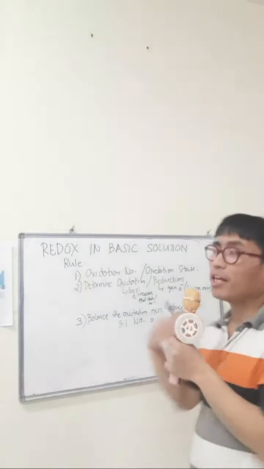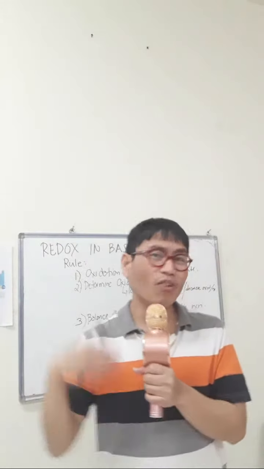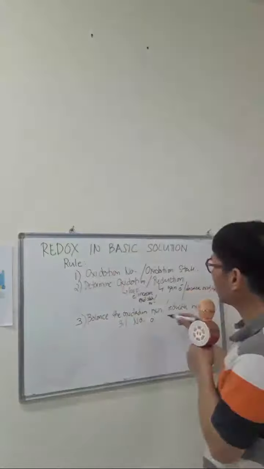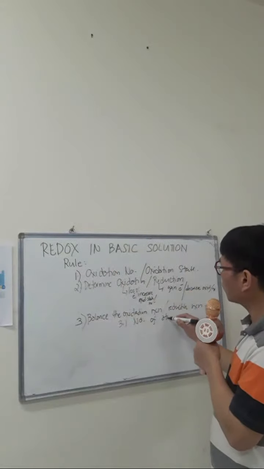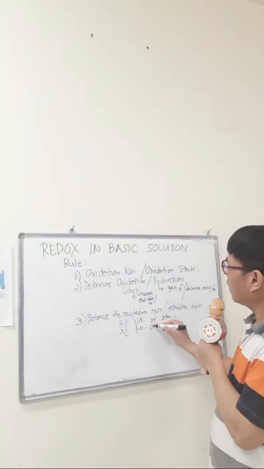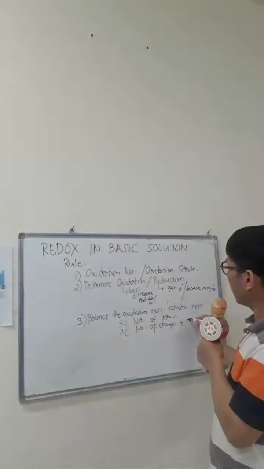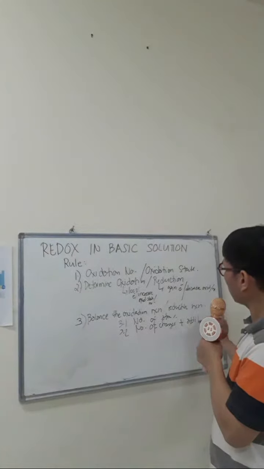This is not the ordinary chemical reaction where we are only focusing on balancing the number of atoms, no charges. Here you have to balance the charges. Step 3.2, balance the charges plus the addition of electrons to balance it.